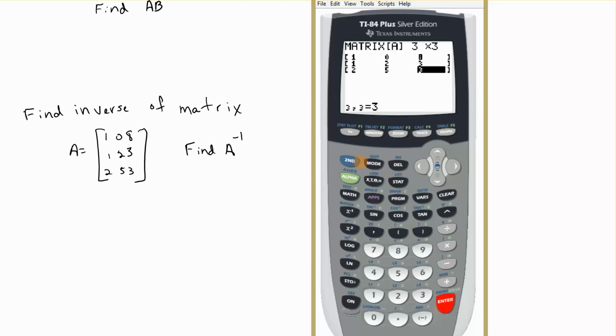All right, so second quit. And then all I need to do is go get the name of that. Second matrix A, and hit the inverse button, which is this, and enter. And that is the inverse of that matrix.